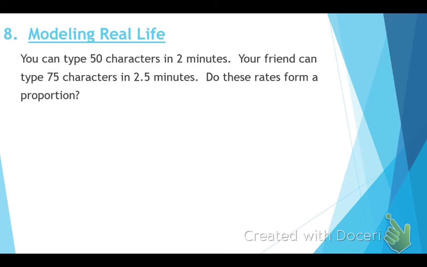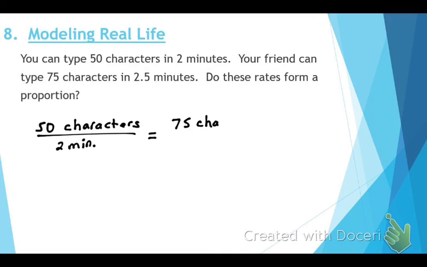Okay, so for this next problem, it says you can type 50 characters in 2 minutes, and your friend can type 75 characters in 2.5 minutes. Do these rates form a proportion? So basically, are you doing your work at the same level? All right, so 50 characters in 2 minutes, is it equivalent to what your friend can do with 75 characters in 2.5 minutes? What's one way you think that I could figure this out?